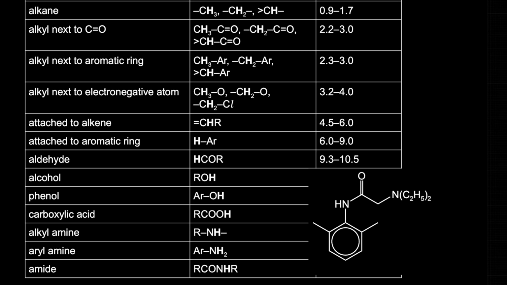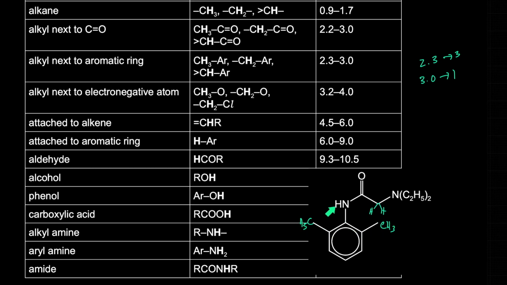So at 2.3 we can have two things: either an alkyl directly bonded to the aromatic ring, or an alkyl next to the C=O. Next to the C=O we have 2 protons, whereas for the alkyl next to the aromatic ring we have 6 protons.